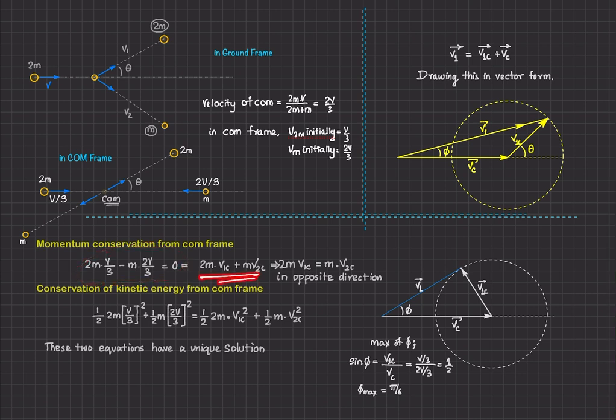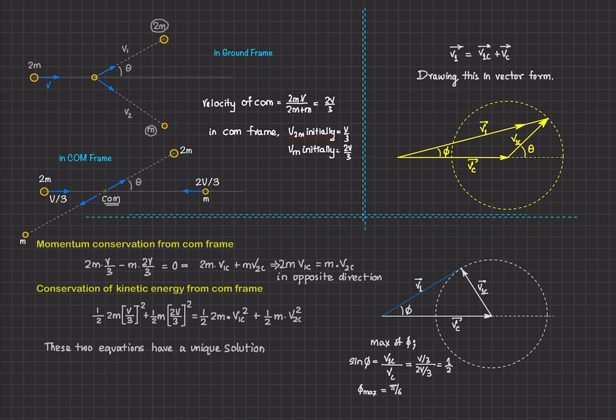The final momentum I have written this way: 2m into v1c, where v1c is the velocity of 2m after collision in the COM frame, and m into v2c, where v2c is the velocity of the m mass after collision. This term gives the total momentum after collision, but this must be 0. So 2m into v1c and m into v2c must be equal in magnitude but opposite in direction.